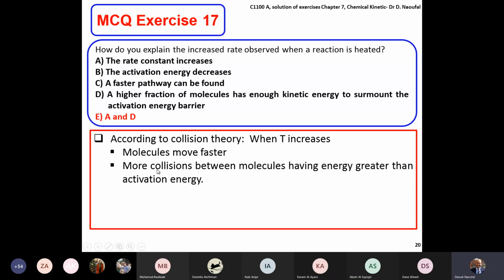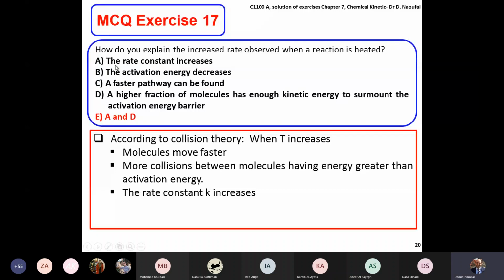So we have more probability of collisions between the molecules of the reactant, and therefore we can have energy greater than the activation energy, so the reaction will start. As we have more and more collisions, the rate of the reaction will increase. So when the temperature increases, the rate constant increases.